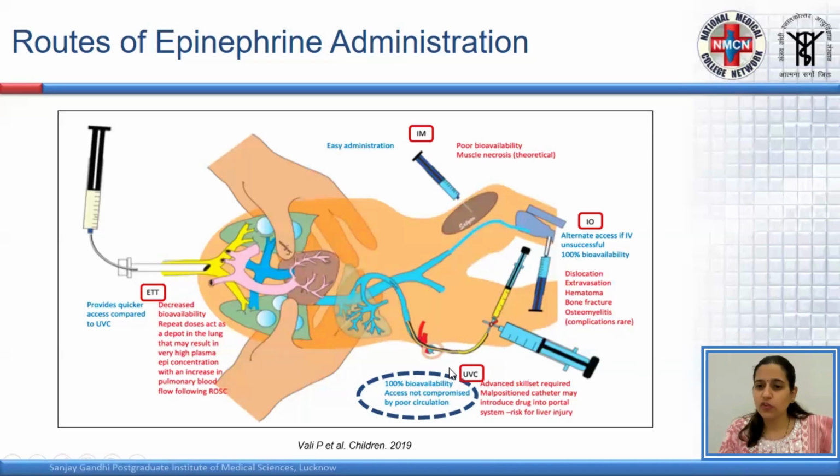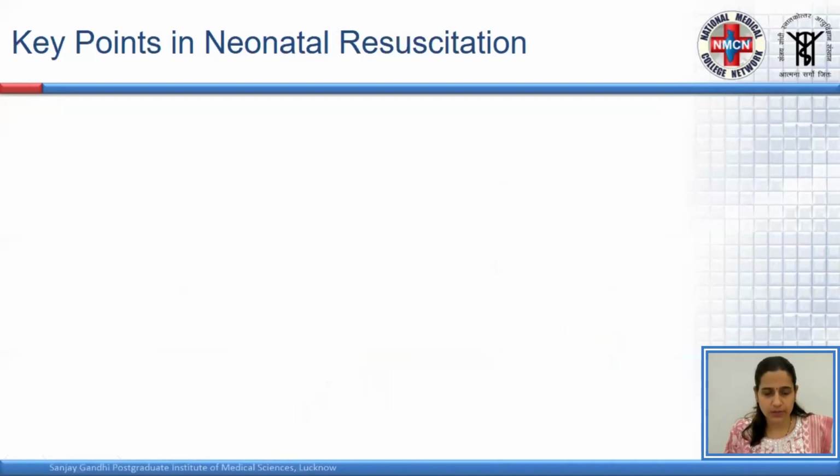In case it is not feasible or not successful, then intraosseous access may be used, which also provides 100% bioavailability. Other routes such as intratracheal or intramuscular are less preferred, because they lead to a poor and unpredictable bioavailability of the drug. So we are not sure how much drug has actually gone into the circulation.